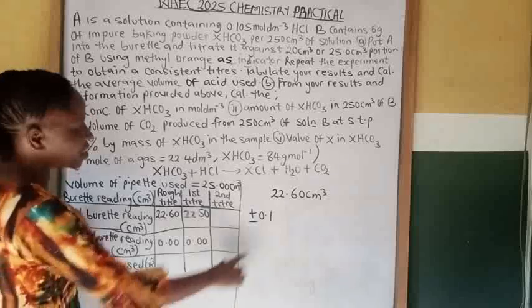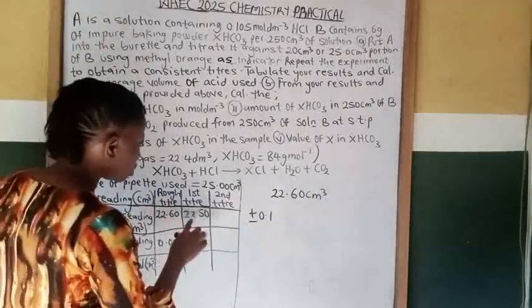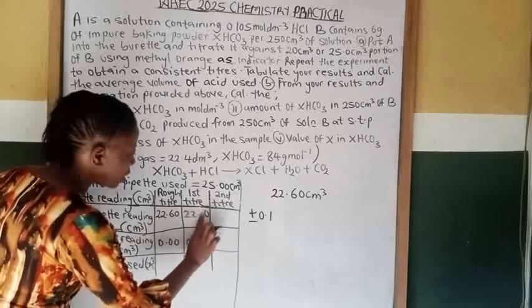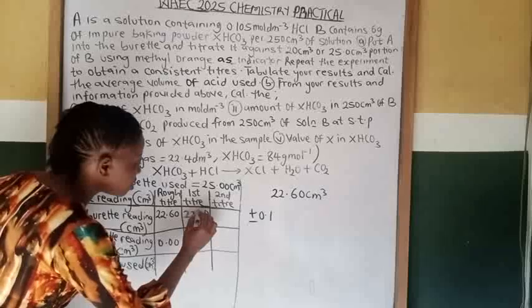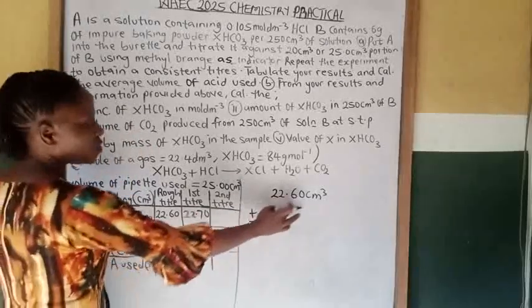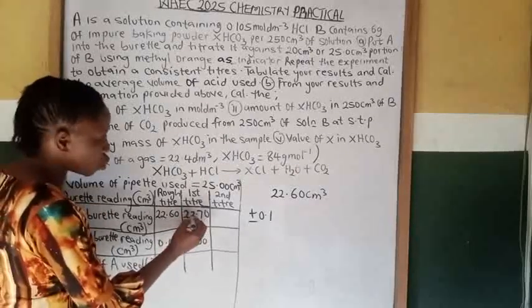Then the second titer value, let me start with plus 0.1.